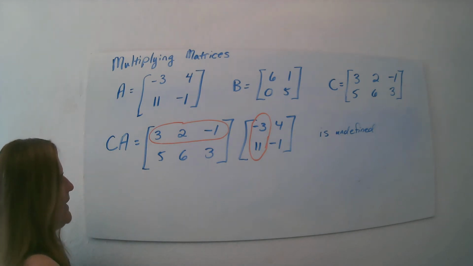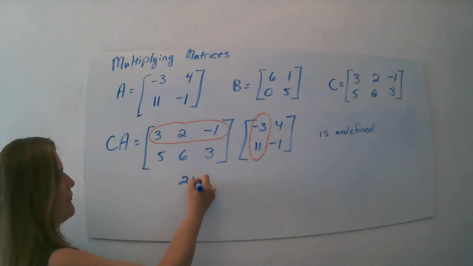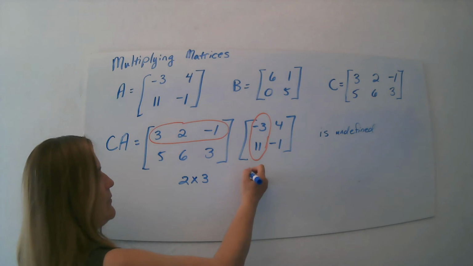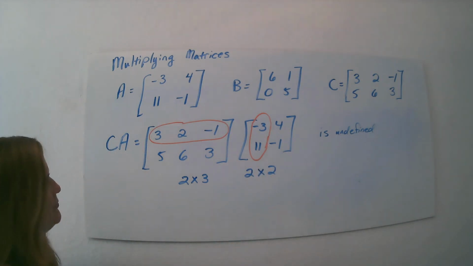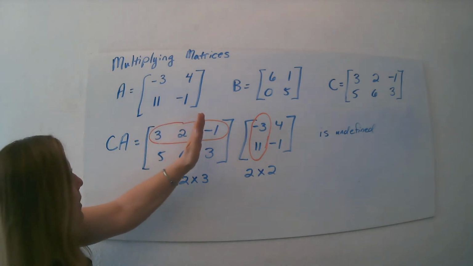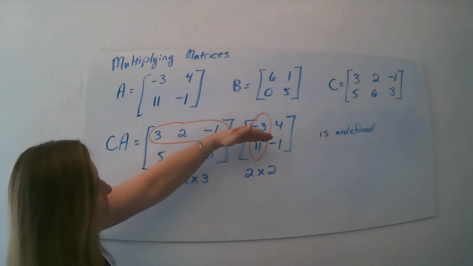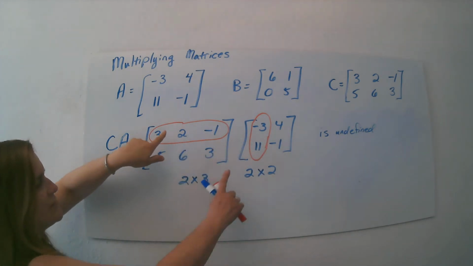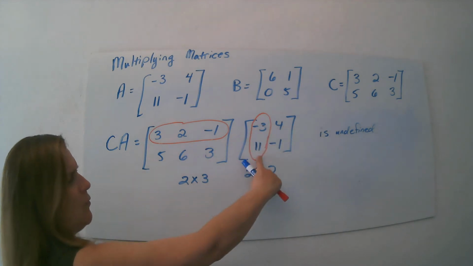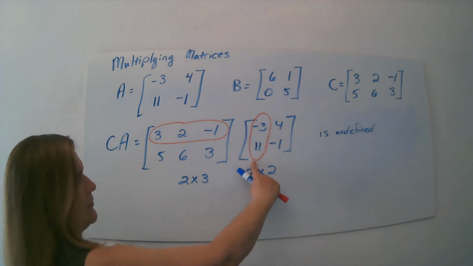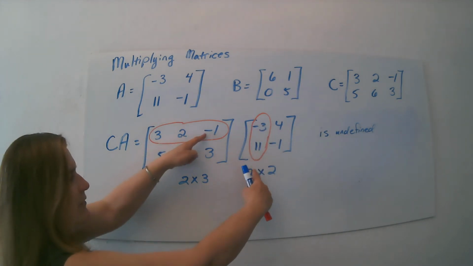And notice what we had. We had a 2 by 3 matrix that we were trying to multiply by a 2 by 2. But we needed the number of columns to match the number of rows so that we would have those entries corresponding. We would need one more row down here in order for us to be able to do that multiplication.